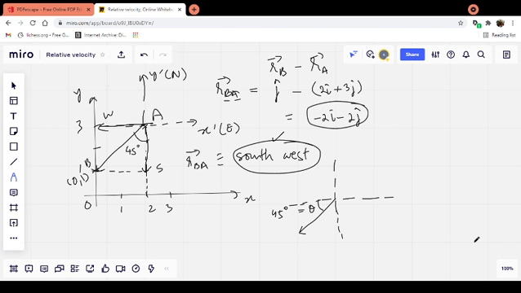So what happens if the frame of reference which I am supposed to observe from starts moving? What happens then?